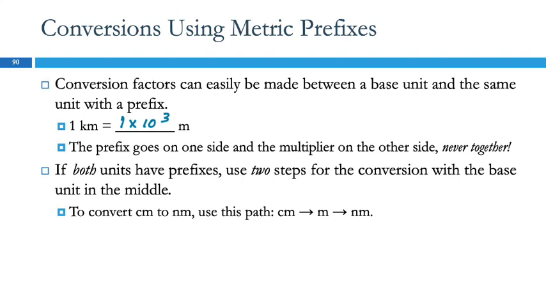So the way I'm showing you, the prefix goes on one side and the multiplier on the other side, never together. So if you memorize the prefixes and they're 10 to the somethings, you put the prefix on one side of the equal sign or the fraction line, you put the 10 to the something on the other side, you never ever put them together.